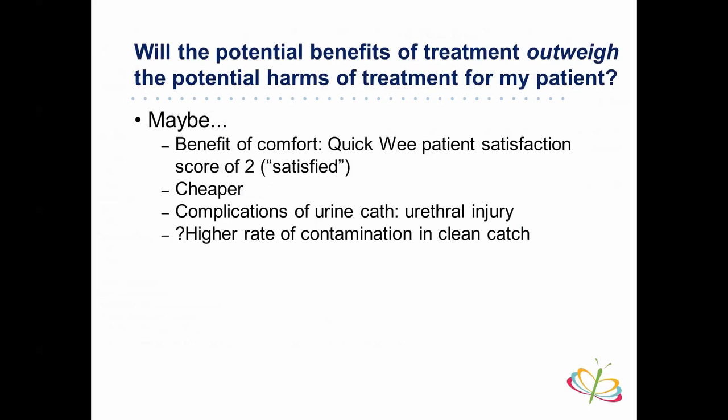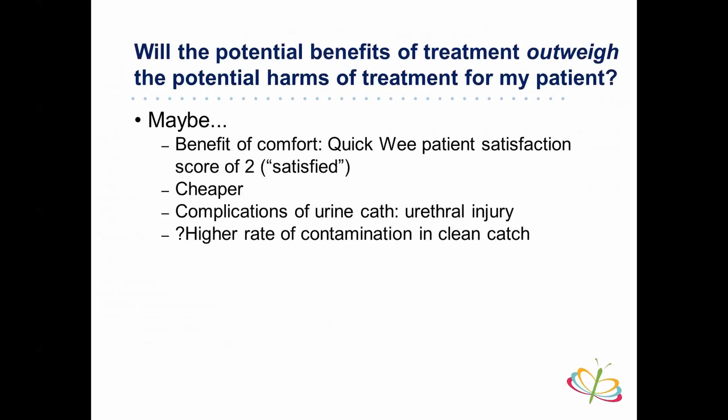Looking at possible complications of urine cath, we don't really think about it because we do it so often, but there is urethral injury. But the potential harm is a possibly higher rate of contamination of the clean catch, although they only used normal saline to clean the general area, and we don't do that here.